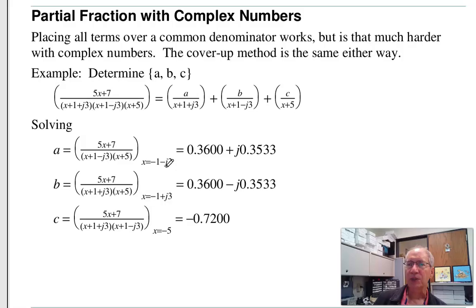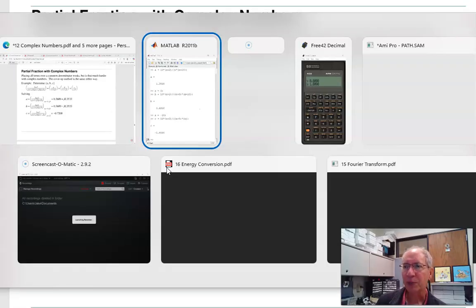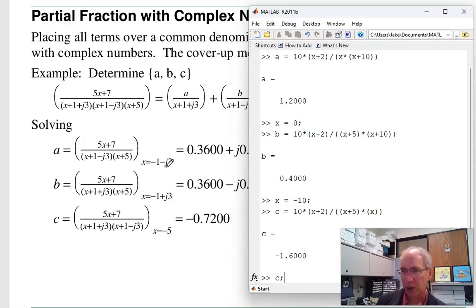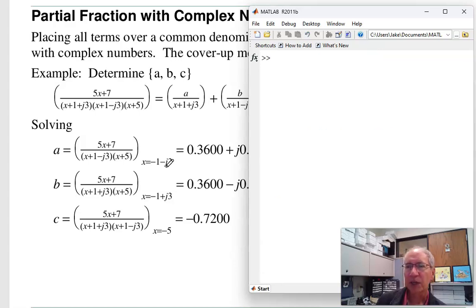Okay, that's with real numbers. Suppose I have complex numbers. Now, different instructors do it different ways. My preference is, if you don't mind complex numbers, do exactly what you did previously, only now with complex numbers. So for example, if I want to find a in this case, I have x is minus 1 minus j3.